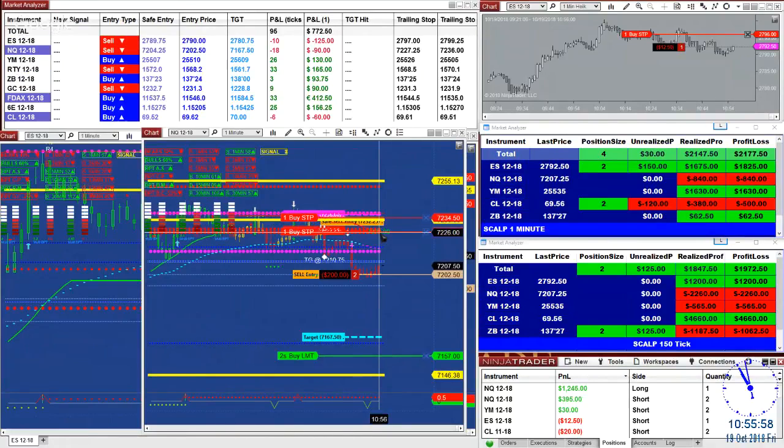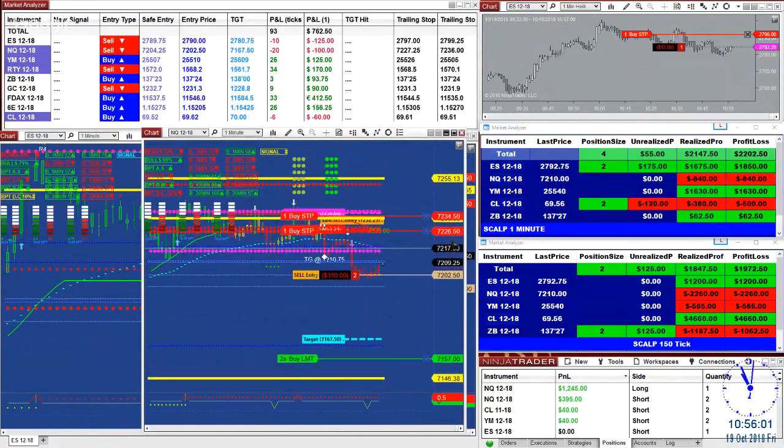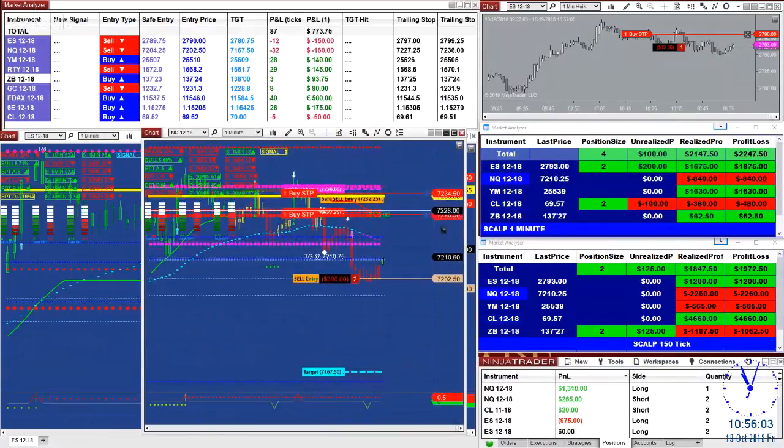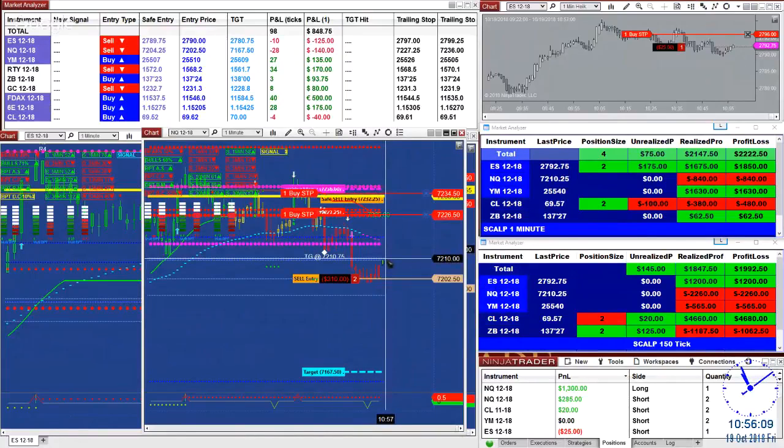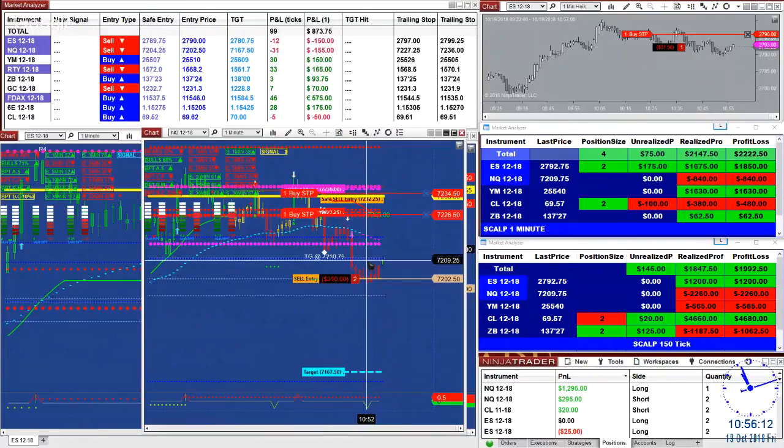One of the things, if you want to see if this market is valid or not: we have a double resistance right there. This can make me a little bit comfortable that this market is going to be rejected.